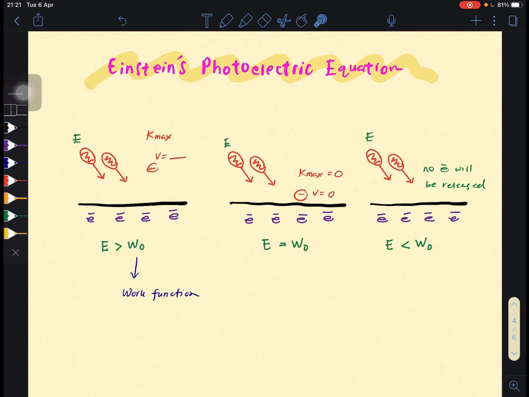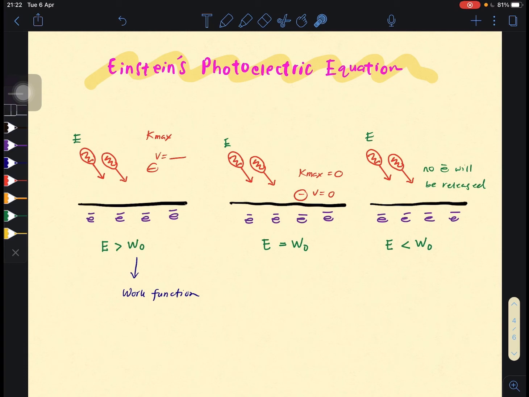Now the Einstein photoelectric equation says the following. It is based on the conservation of energy. Remember, we have learned conservation of energy, where energy cannot be created or destroyed. It can only be transferred. If it is transferred, before and after the energy must be the same.